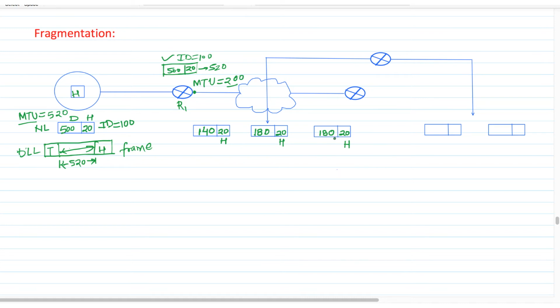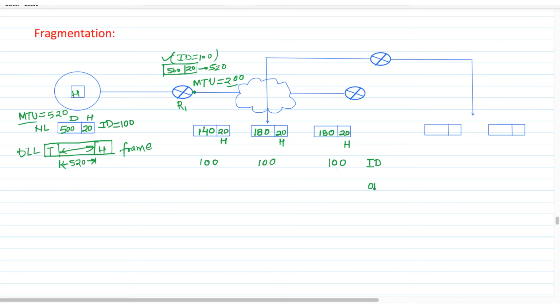Always remember that for all these 3 fragments, the ID will be 100 because this datagram has ID 100. All the fragments will have the same ID. This ID represents that all 3 fragments belong to the same datagram, which has ID 100.